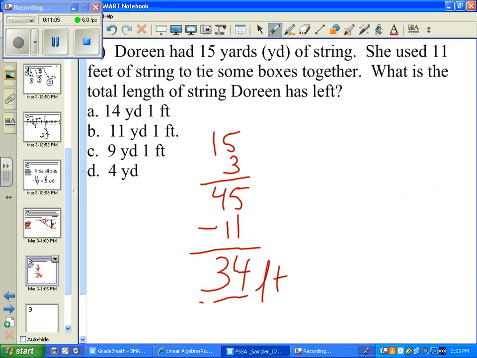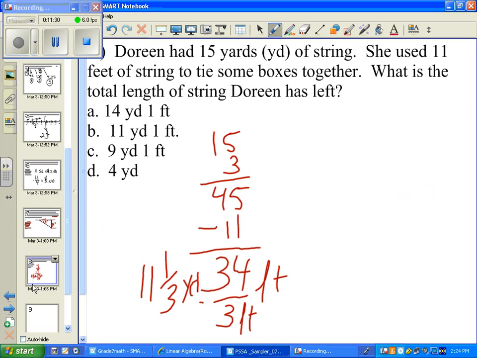And if we divide that by 3 feet for every yard, we end up with 11 1/3 yards, which is 11 yards and 1 foot. Another way that you can do this is just by inspecting the answers.